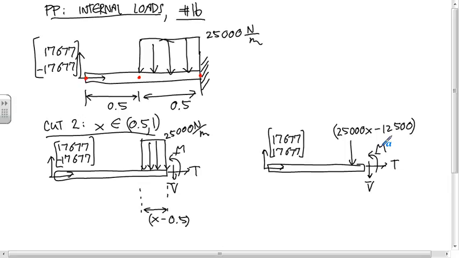The other thing we have to figure out is the location of this force, because that's going to affect the moment it produces. So what's this distance? The way I like to think about it, to me, this makes sense. If you can come up with a way you like thinking about it better, go ahead.